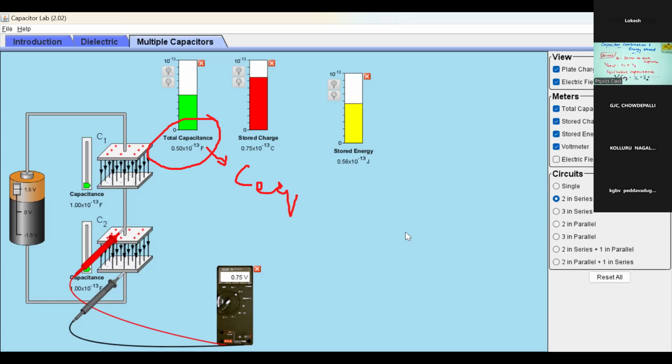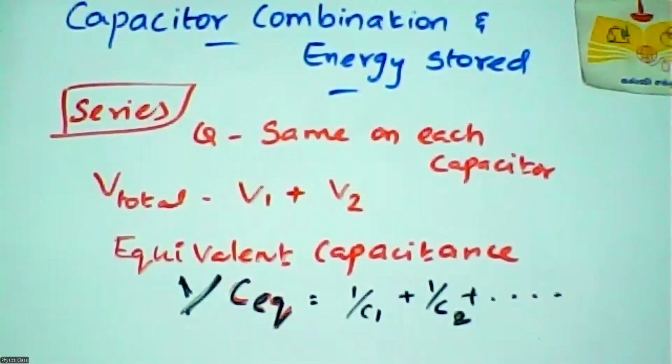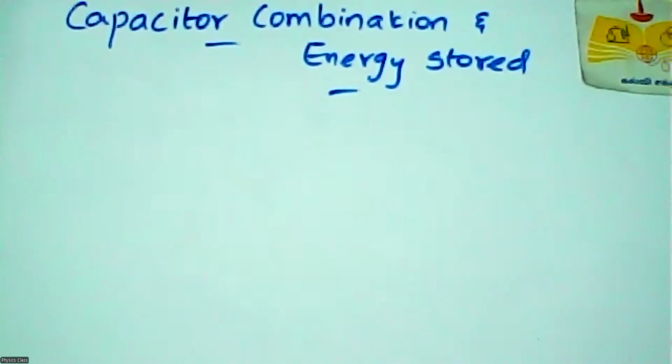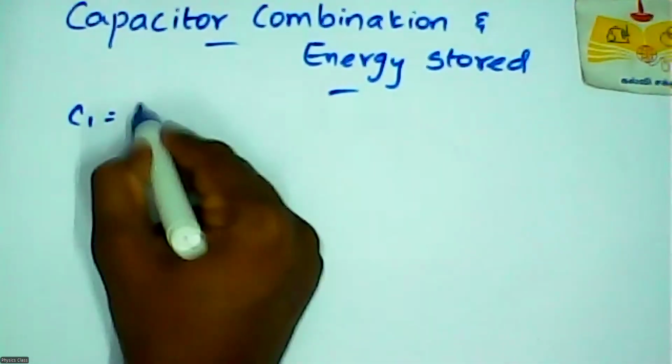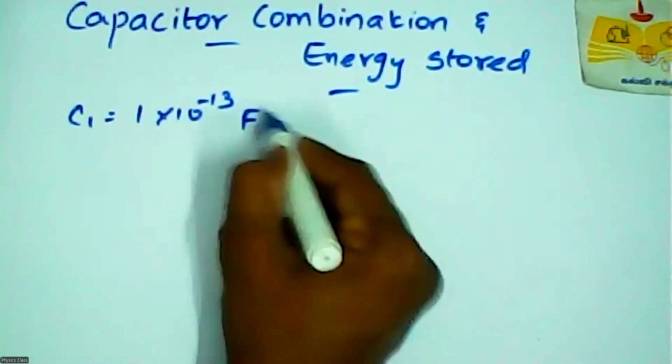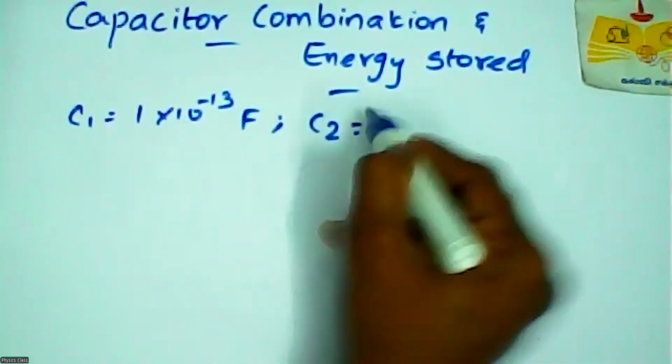Clear? Okay. So first of all, look at the values: total capacitance, stored energy, stored charge, and voltage. For series connection, C1 is 1 into 10 power minus 13 farads, and C2 is 1 into 10 power minus 13.